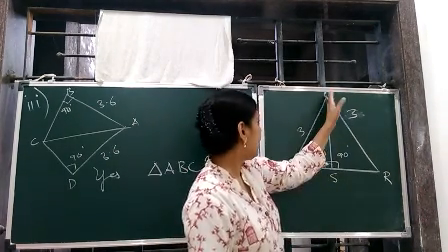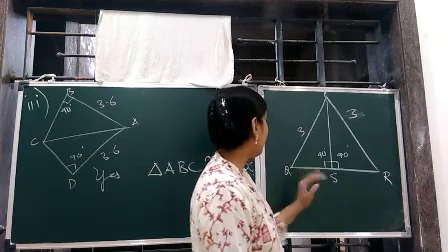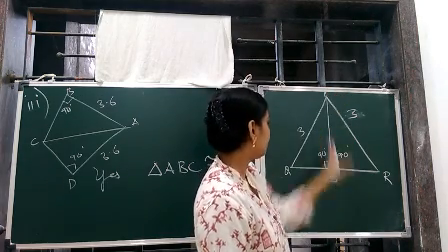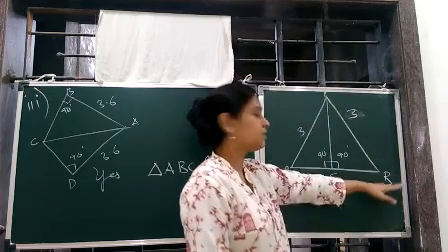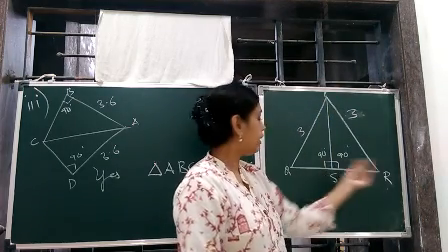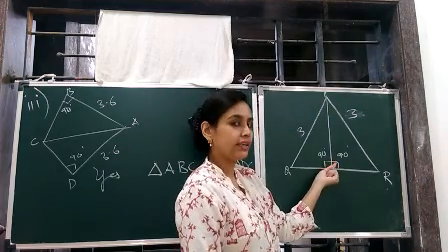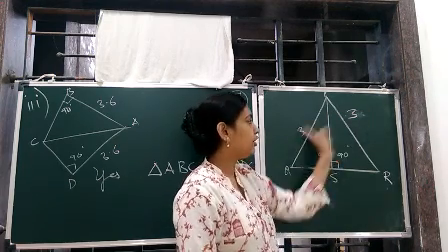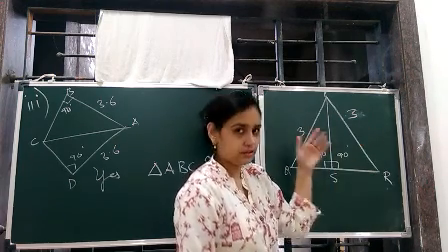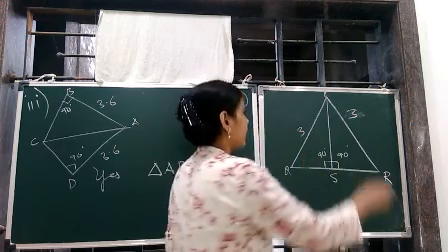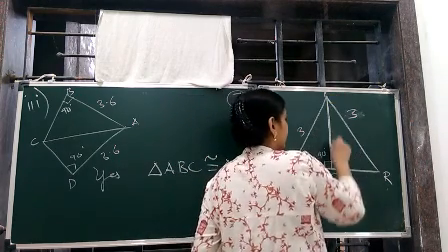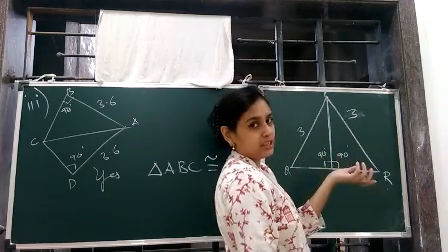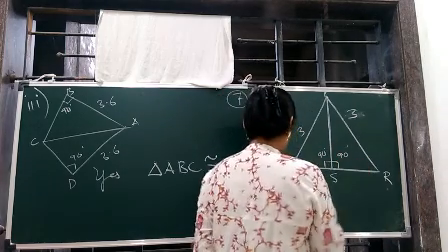Actually, two triangles: triangle PSQ and PSR. This is the right angle. So the side opposite to the right angle is the hypotenuse. The hypotenuse is equal. That means we can go ahead. Then we check any one corresponding side. You can see the perpendicular PS is common for both, so PS is equal to PS. So yes, the triangles are congruent.